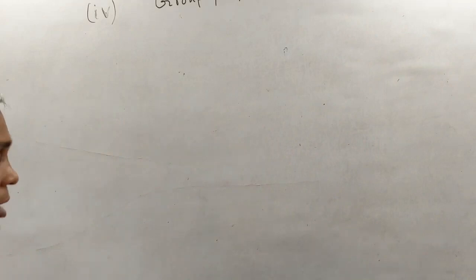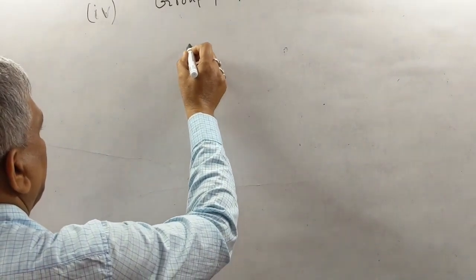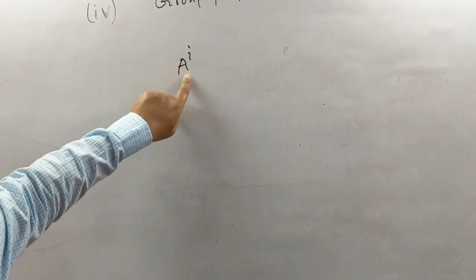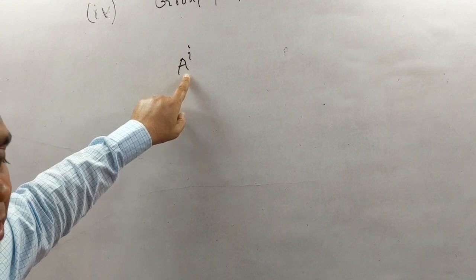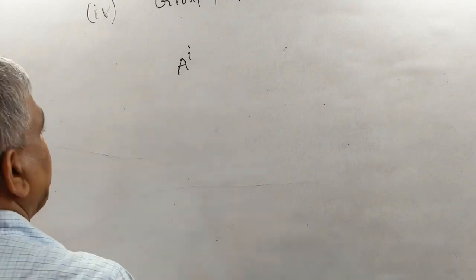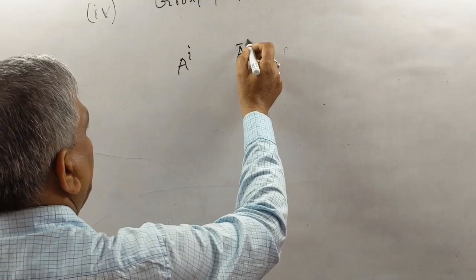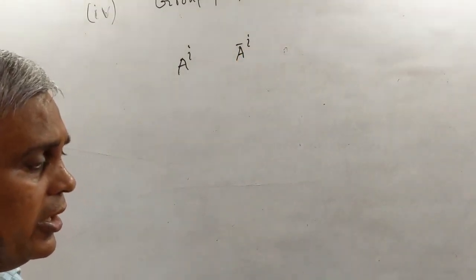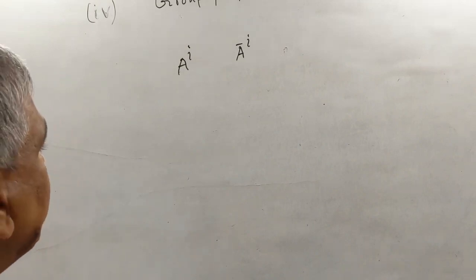Let Ai be a tensor of rank 1, that is a contravariant tensor of rank 1 in X system of coordinates. Its corresponding value in X bar system of coordinates be A bar i. Let us consider one more system, that is X double bar system of coordinates.